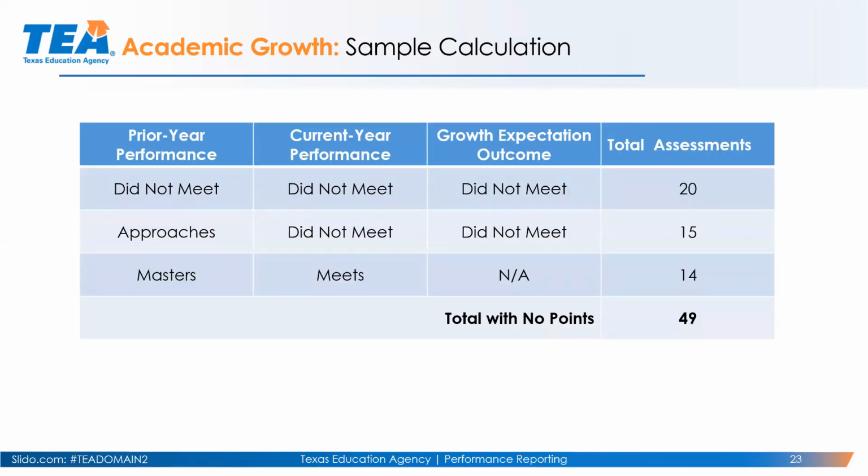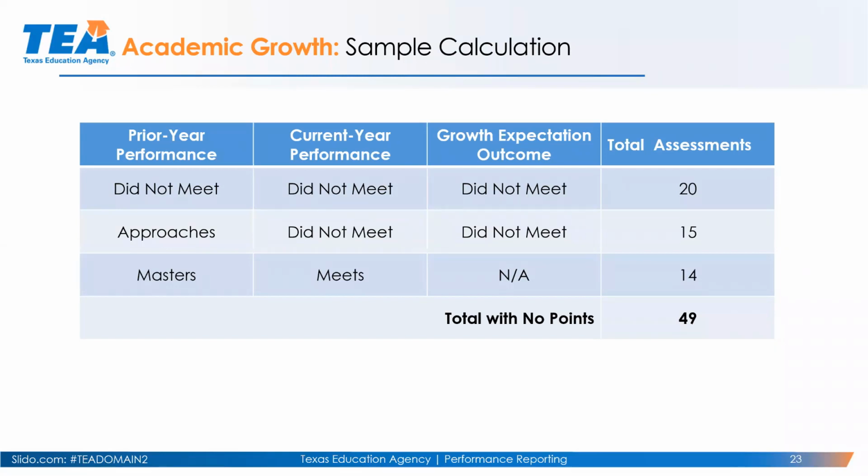So let's run through an example calculation of Part A academic growth. Let's say a campus has 100 grade 4 through 8 students, all of whom took reading and math STAAR assessments in the current year and the prior year. So our denominator is 200 STAAR progress measures. Remember, this is from 100 assessments in reading and 100 assessments in math that have progress measures.